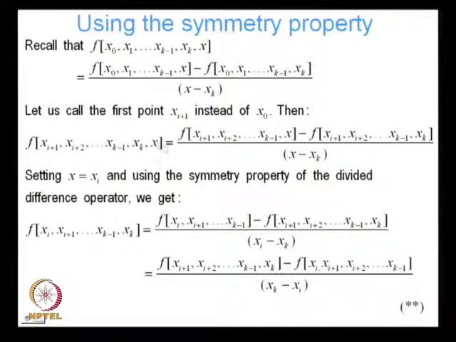I get f of xi, xi plus 1, up to xk minus 1, xk. So, if I replace x by xi, I have i plus 1, i plus 2, up to k minus 1, xk, xi. Then I use the symmetric property so that I can interchange the arguments any way I like.